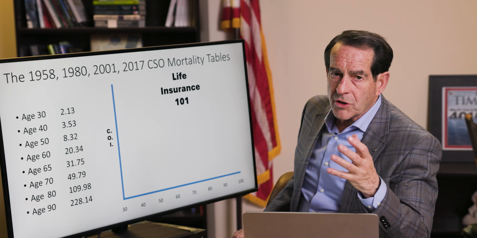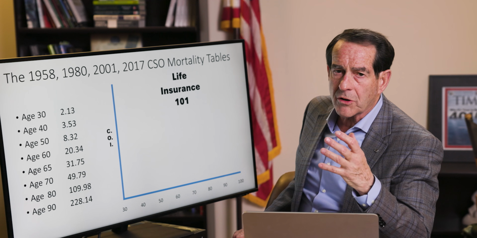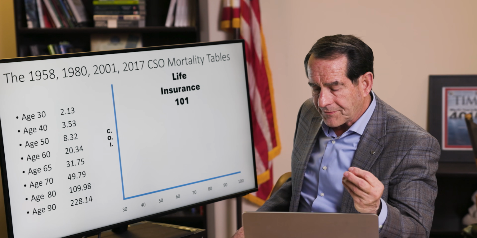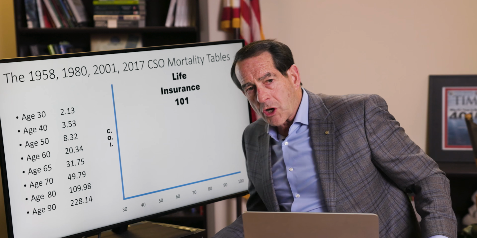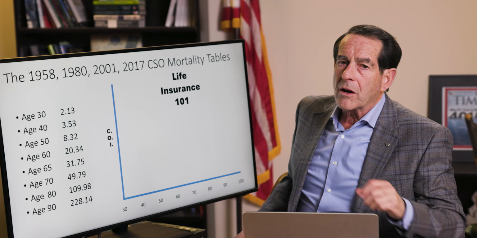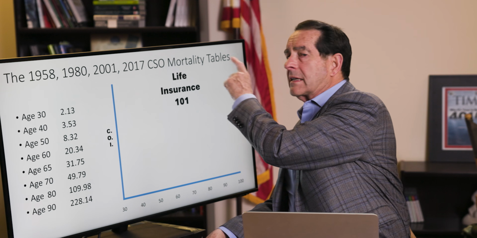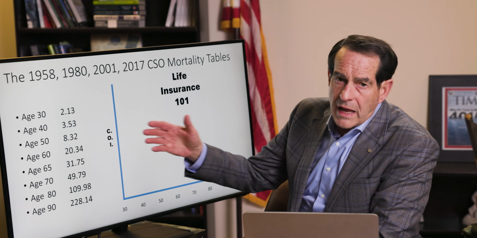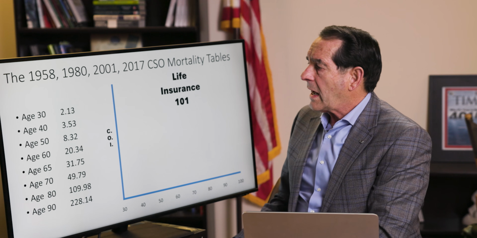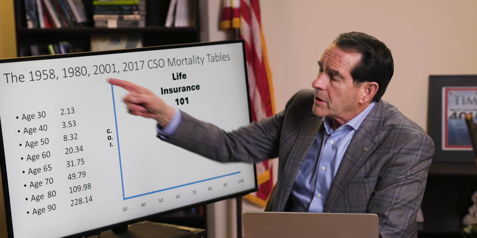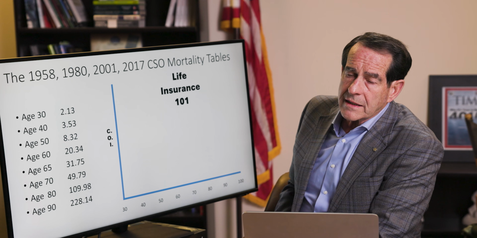Now, mortality is your life expectancy, how long you're expected to live. So when we talk about life insurance, the companies insuring your life are going to calculate your life expectancy based upon mortality tables, based upon your age. And so when I first started, back in 1974, they were using the 1958 mortality table.